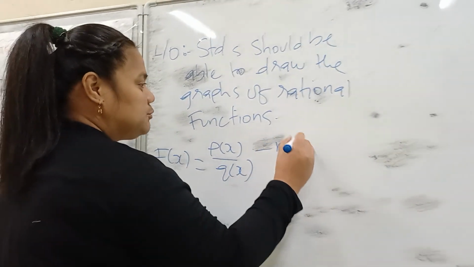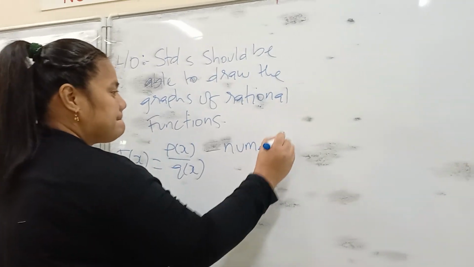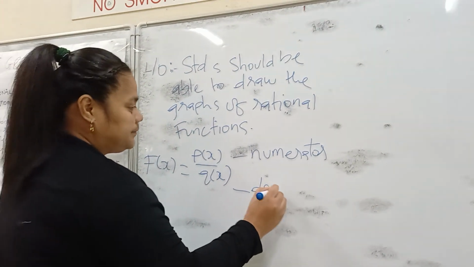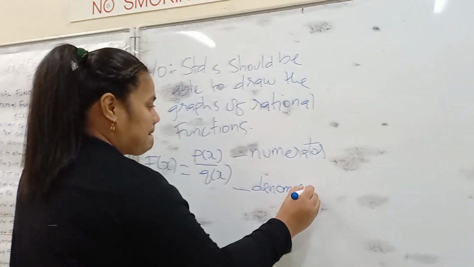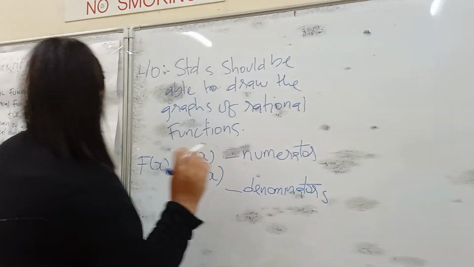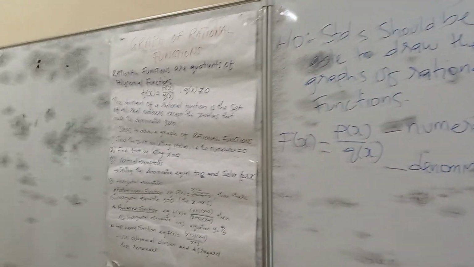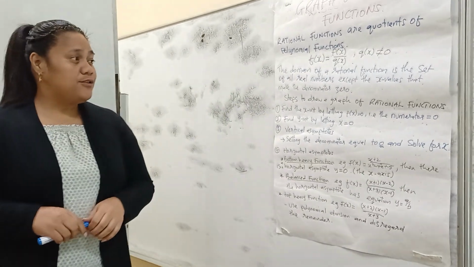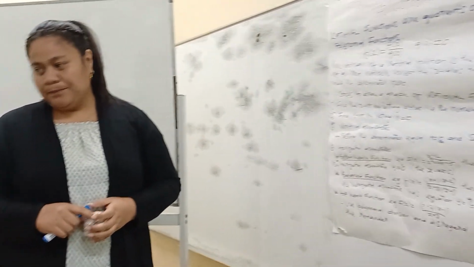Numerator. This one is the numerator, and the other one? Denominator. So these are the steps for sketching the graph of a rational function.